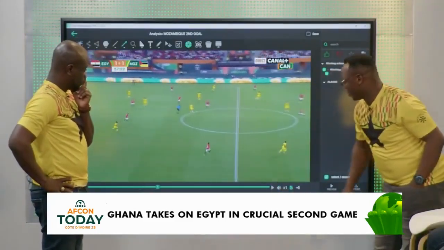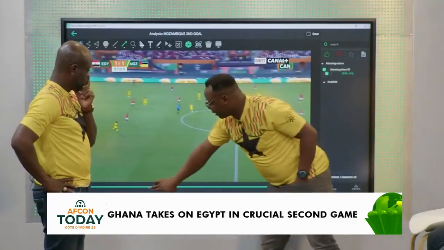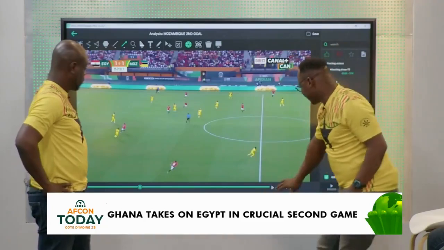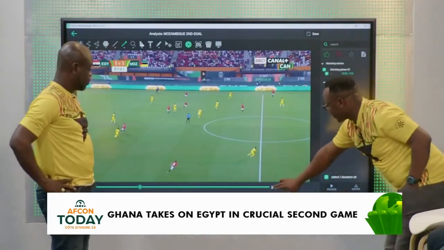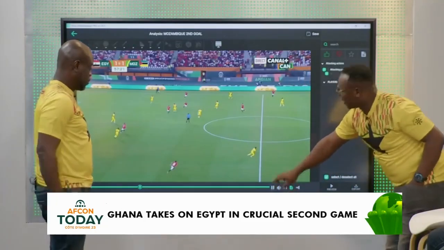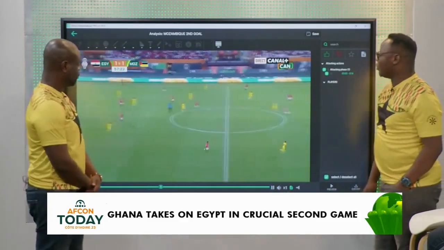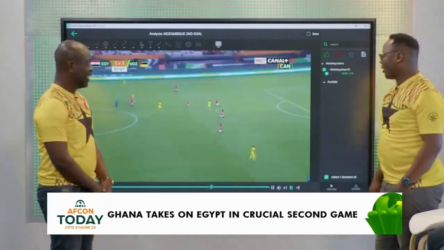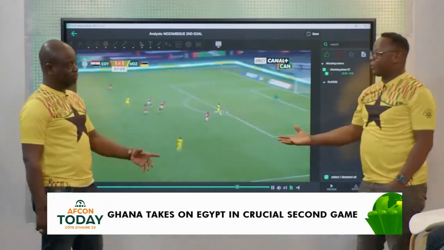And the press was absolutely rapid. There's no chance that he gets through with that. He gets the flick in, and then Mohamed Salah obviously loses the ball, and immediately Mozambique are back and get the goal. So we need to be brave, in my opinion.